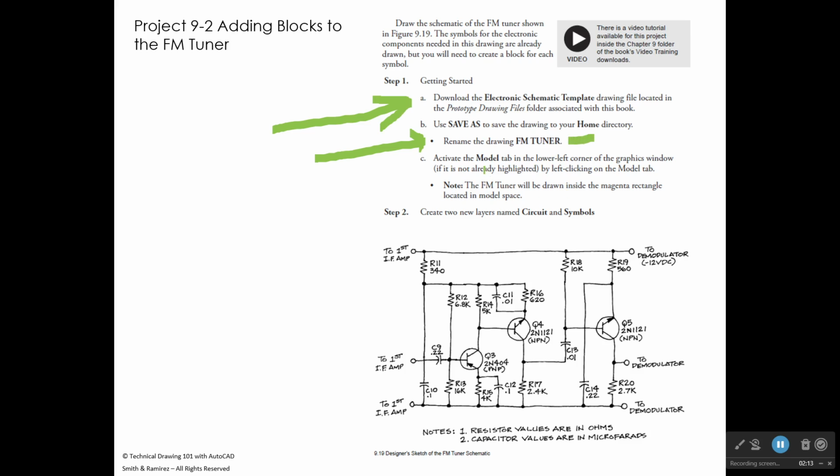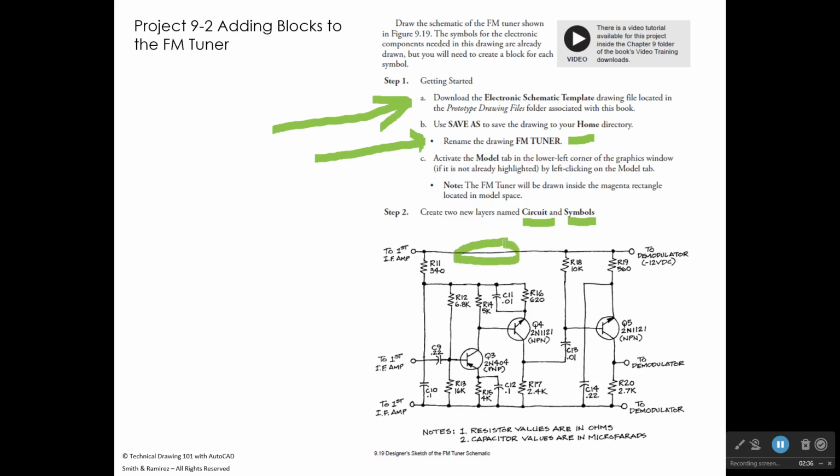Then you're going to activate the model tab. You'll draw this in model space, and you're going to create two new layers, one called circuit and one called symbols. You can see there's a sketch here on your screen, and the same sketch is on page 380 at the bottom of the page.